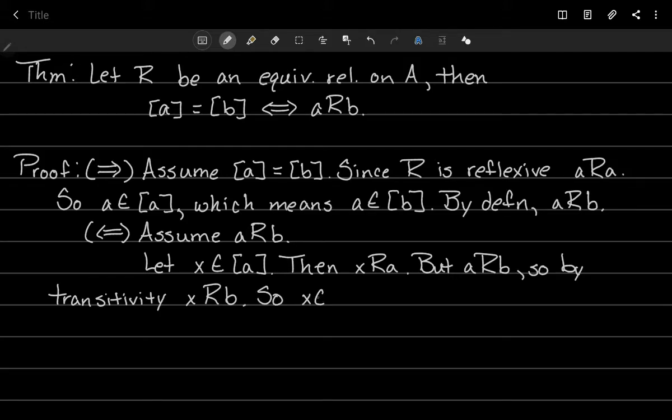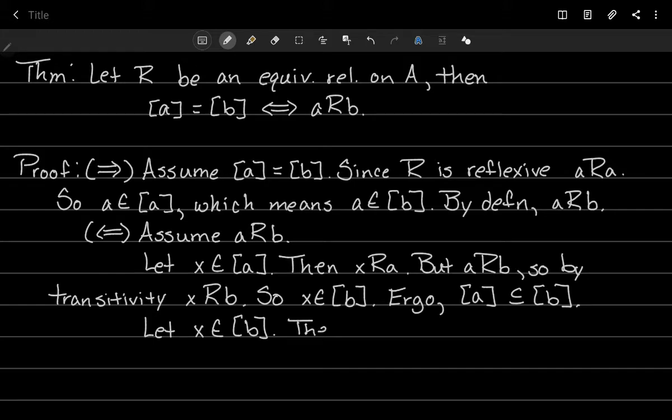So X is in the equivalence class of B. What we have shown thus far, okay, so ergo, we showed the equivalence class of A is a subset of the equivalence class of B. Everything in A's equivalence class is also in B's equivalence class. Now I need to go the other direction. So I need to let X be in the equivalence class of B.